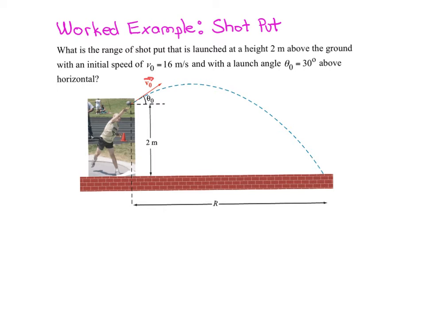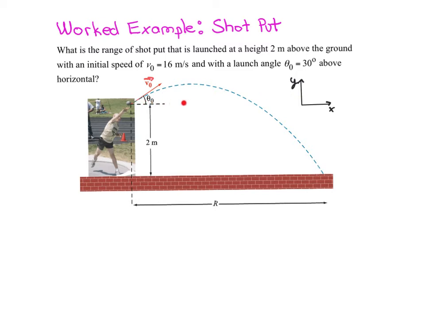So in the particular problem at hand, we're told that the shot put leaves the shot putter's hand at an elevation 2 meters above the ground, traveling at a speed of 16 meters per second with a launch angle theta naught of 30 degrees above horizontal. The basic principle, as is common to just about all projectile motion problems, is that we can separate out the motion into vertical and horizontal components.